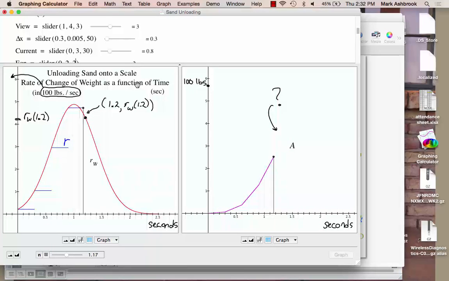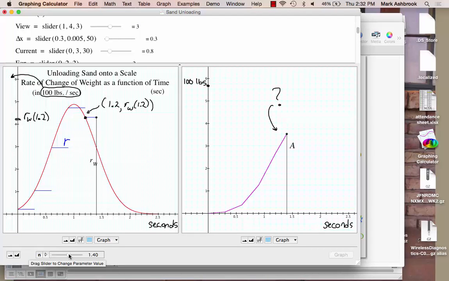Let the current value of x be 1.4. Okay, here I am. The current value of x is 1.4.